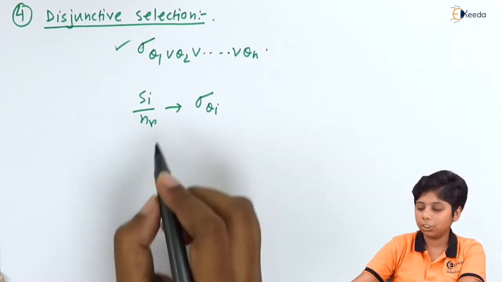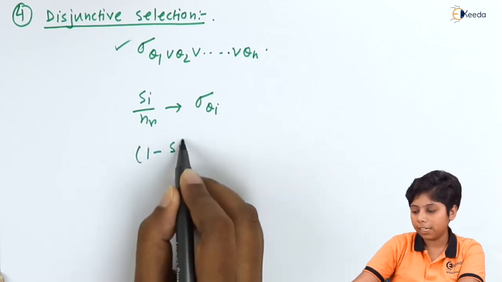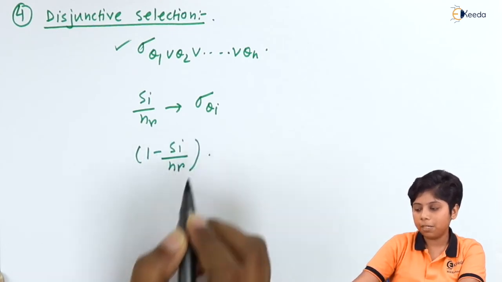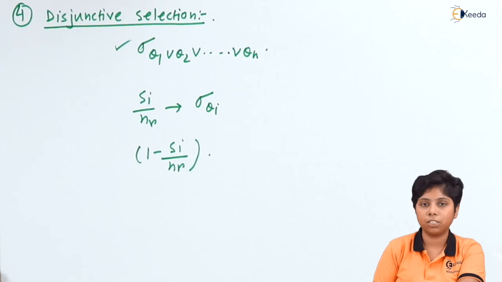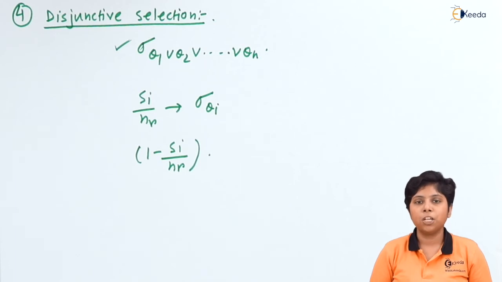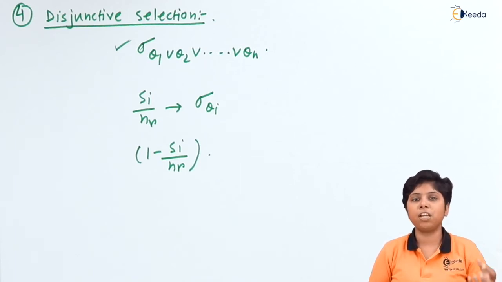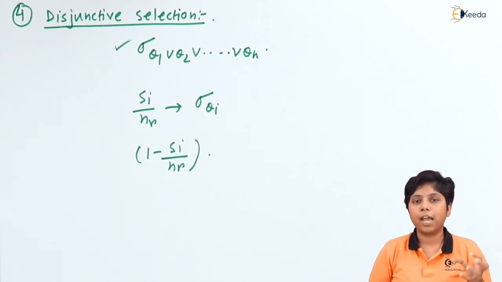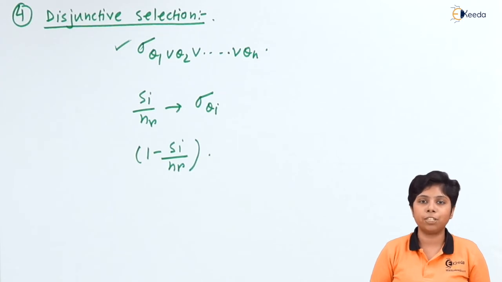So for the disjunction, we have 1 minus s_i by n_r, that means the ones that don't belong to one group will be associated with another group. Say I want the instructor names who live in city Mumbai or whose salary is greater than 50,000. So we will take all the instructors whose salary is greater than 50,000 even if they are not in the city of Mumbai, and also those who live in Mumbai even if their salary is less than 50,000.